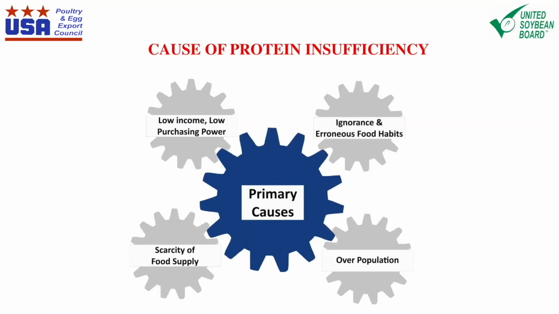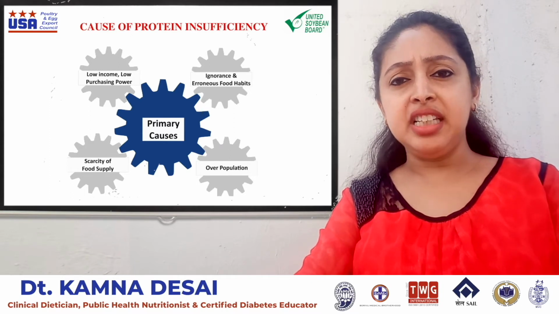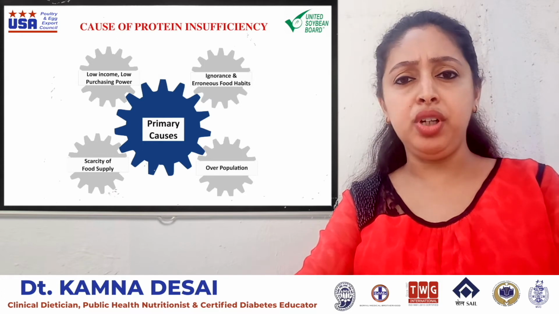So the primary cause of protein insufficiency is low income or low purchasing power. As we all are aware, protein is expensive as against carbohydrates or carbs.